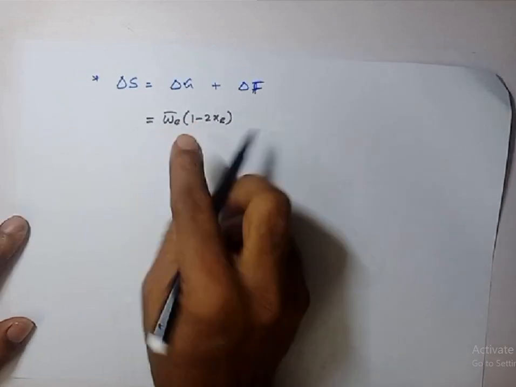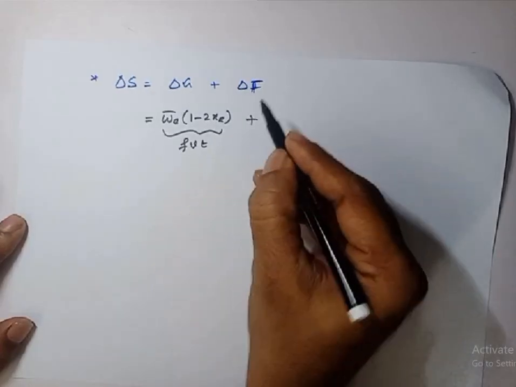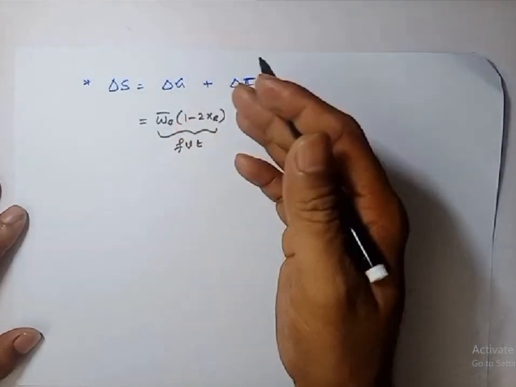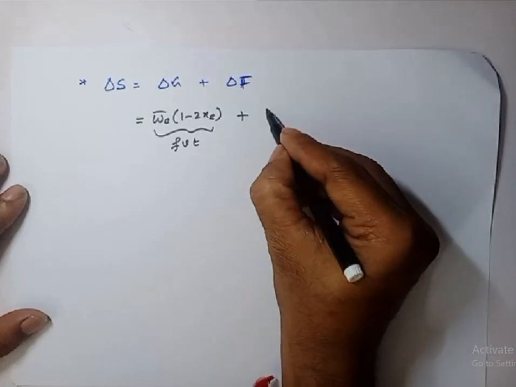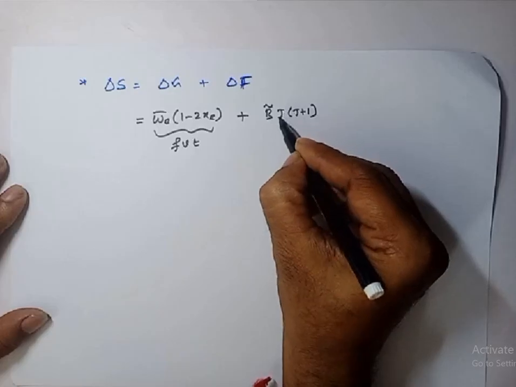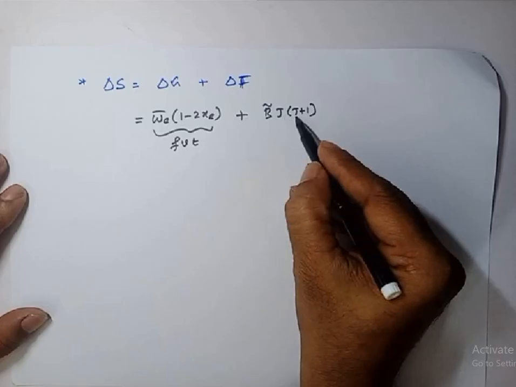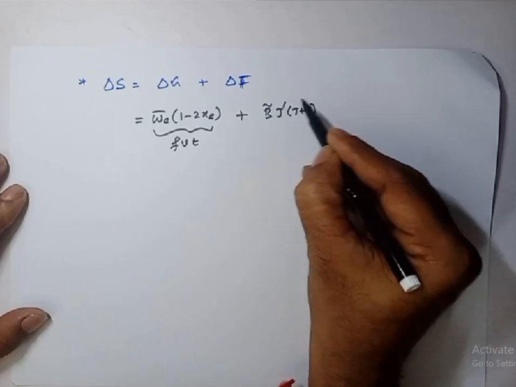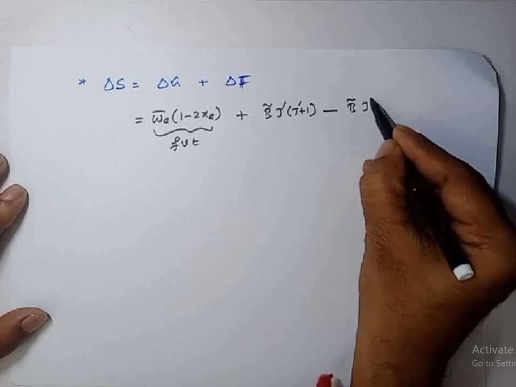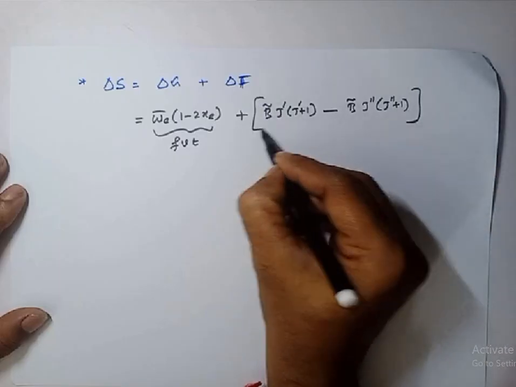Plus the rotational energy: B J' into J' plus 1 for the higher rotational state, minus B J'' into J'' plus 1 for the lower rotational state. This difference we should take.